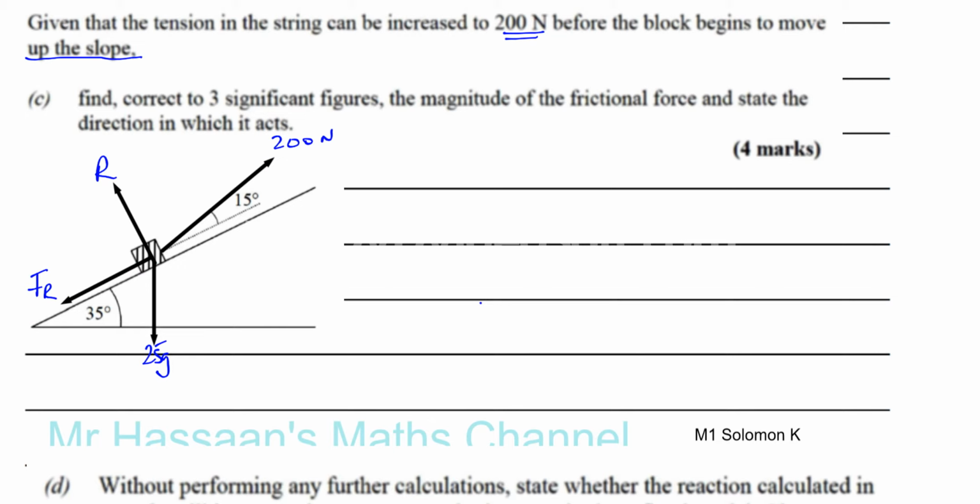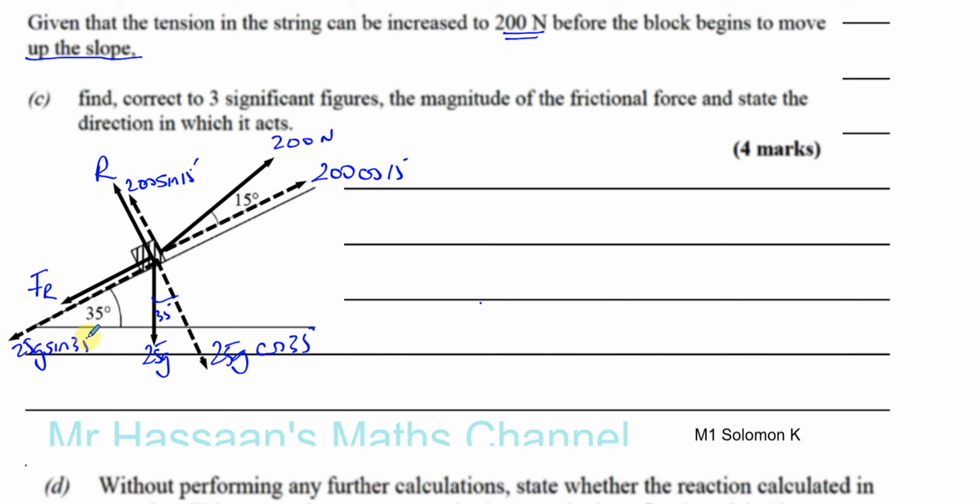So let me now just put all the forces resolved. This is the weight resolved in this direction and the weight resolved in that direction. The tension resolved perpendicular to the plane and parallel to the plane. So this is T, this is 200 times cosine 15, 200 times sine 15. Remember, this is 35 degrees. This is 25g times cosine 35, and 25g times sine 35.